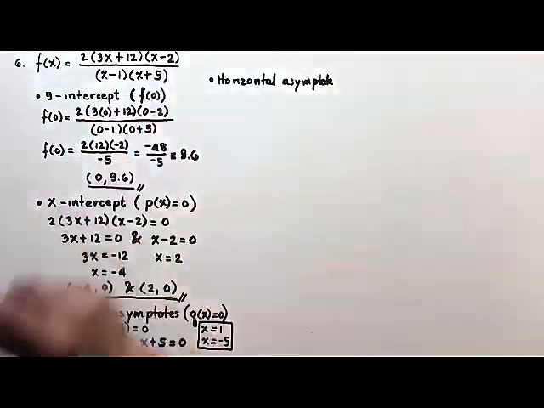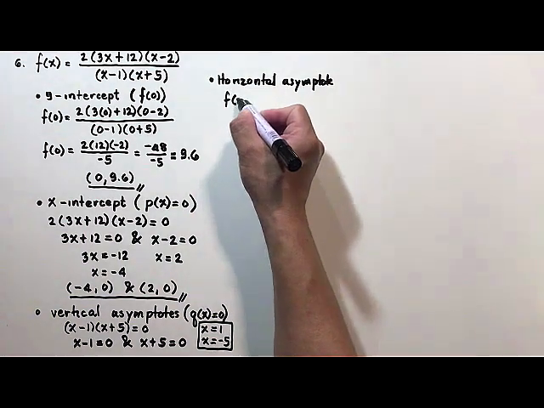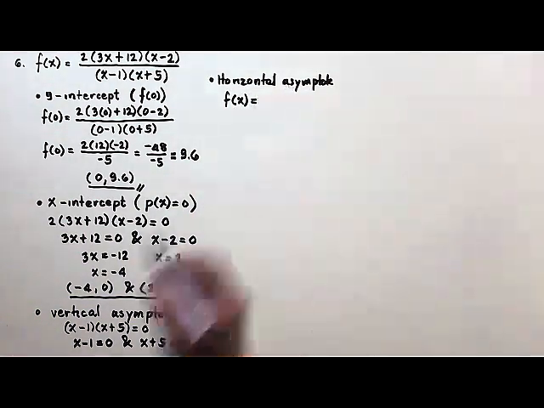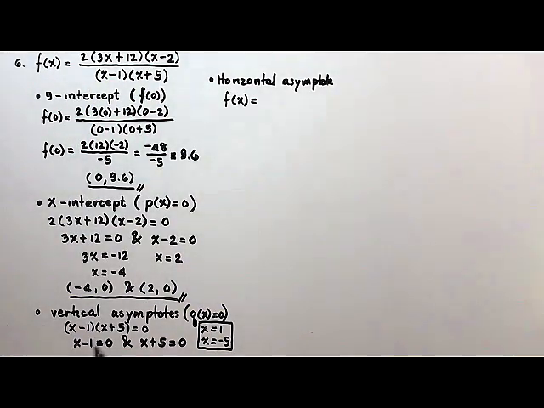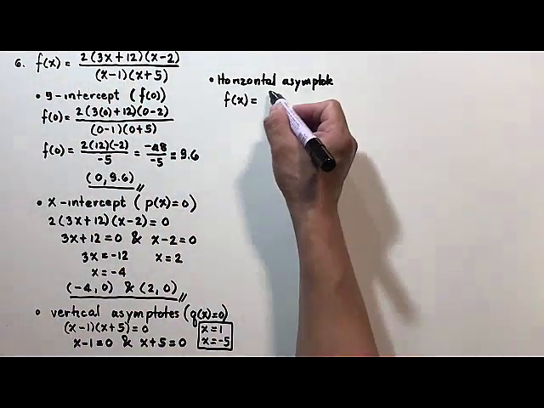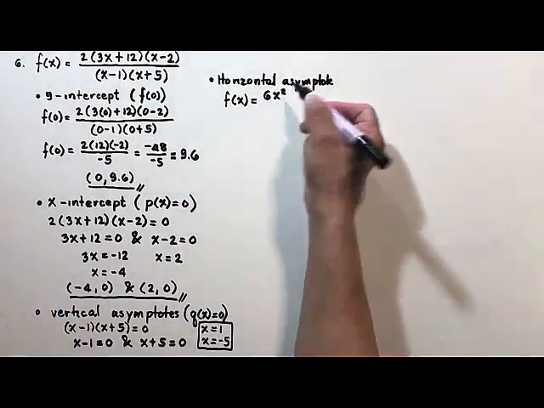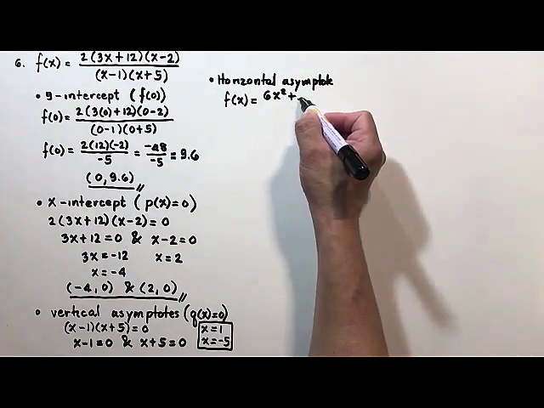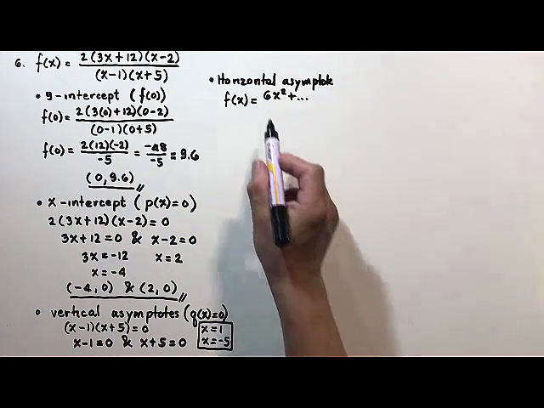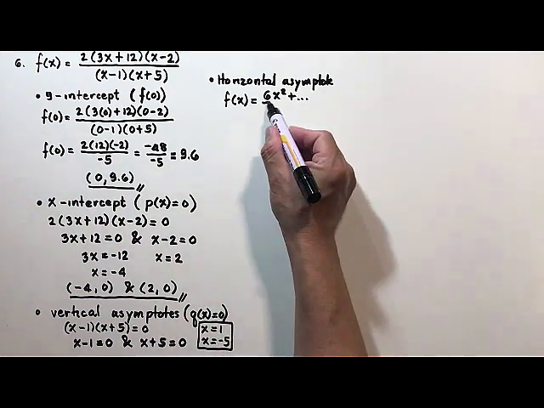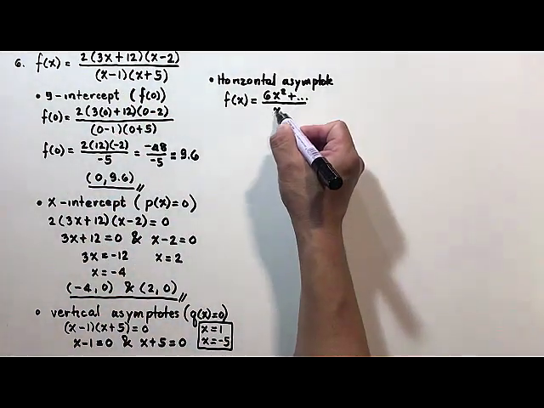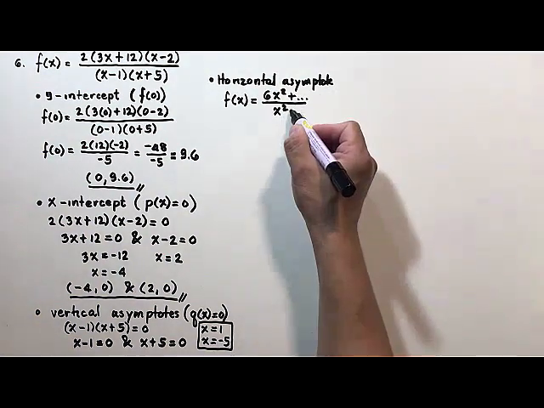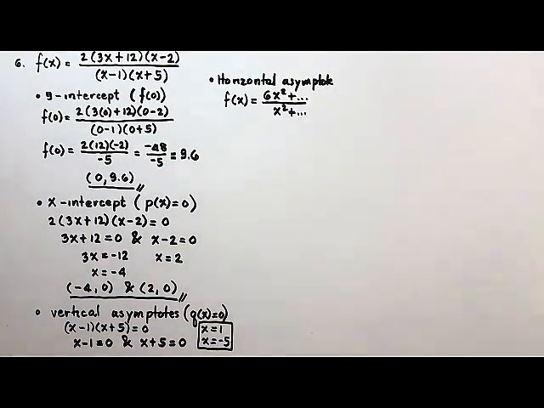Looking at this function, if you multiply in our numerator, 3x times x is 3x squared, and when you multiply it by 2, that is 6x squared, plus something, but I don't care what that something is because I just want to know the degree of the numerator. And also the denominator, x times x is x squared, plus something, but I don't care about that because I am after the degree of the denominator.